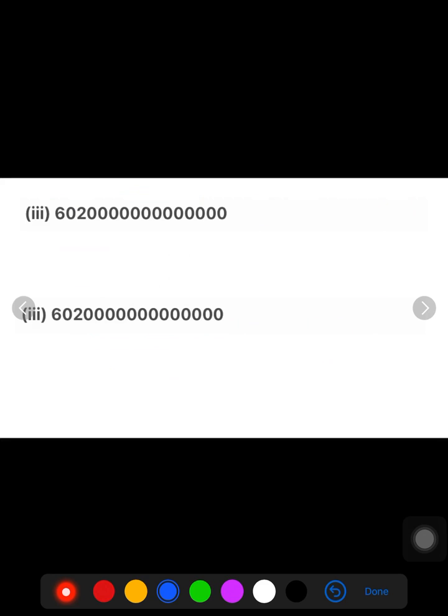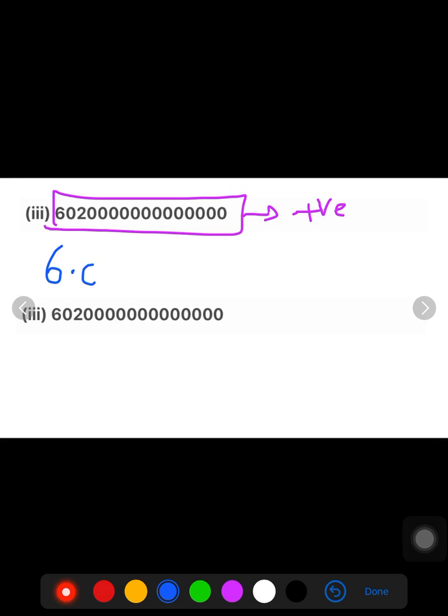One more question. 602000. If you see this number, it's not a very small number. It's a very big number. So when your number is very big, you'll obviously be using positive exponents. Standard form is the one with only one digit in its ones place, like 6.02.